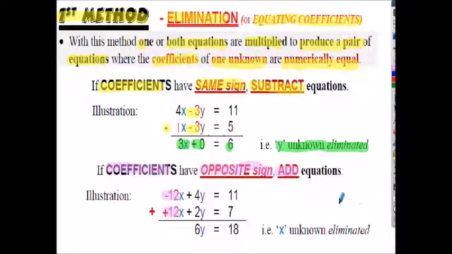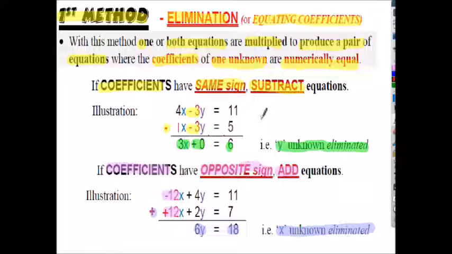So when we have opposite signs to the coefficients for the x terms, we will simply add the equations together. So adding the equations, -12x added to 12x will be 0x, and 4y added to 2y would be 6y. On the right hand side, 11 added to 7 is 18. And again, we can solve for the value of y because we've eliminated x from the equation.